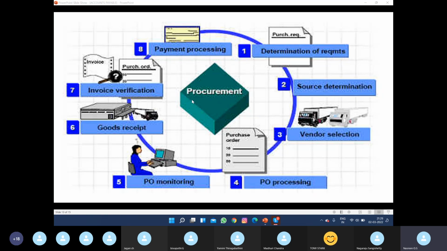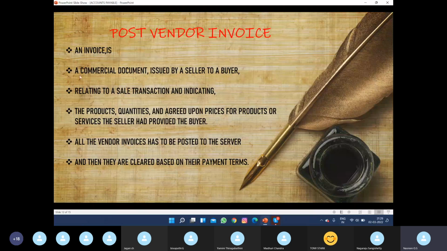So the invoice becomes the important part here. Invoice is a commercial document, which means a bill in simple language, issued by a seller to a buyer, which means a vendor gives a buyer the invoice. What does this invoice contain?